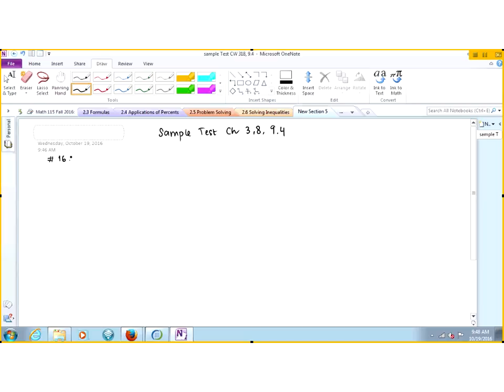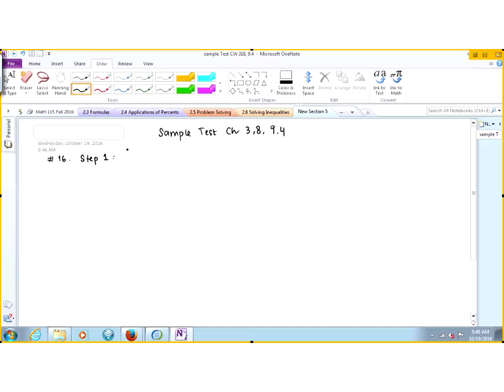So do you understand the story? This is a total value problem. Do we need a table? No. So how should we answer the question? We have to write down the equation.